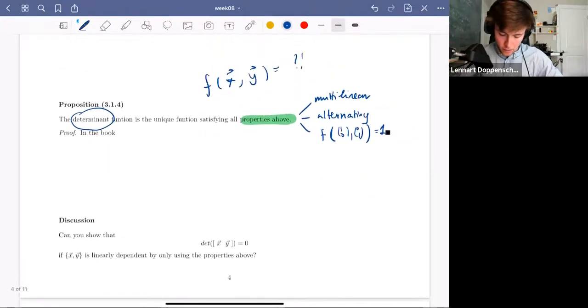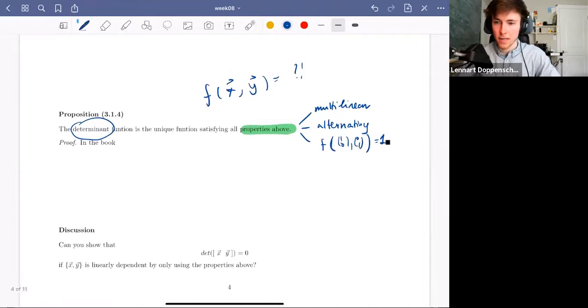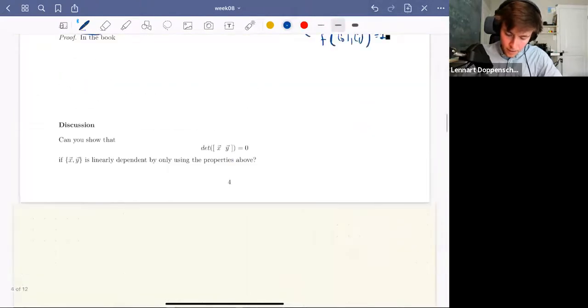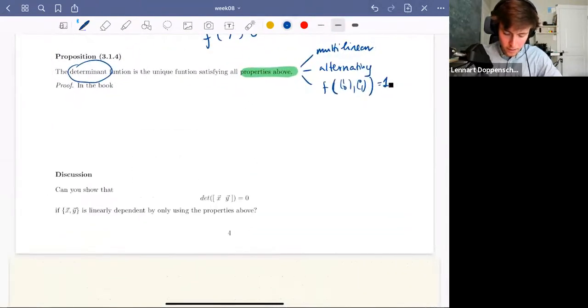Okay, so let's have a discussion, because there's a lot of theory, a lot of abstract math. Can you show that this property that we've shown above, that if 2 vectors are linearly dependent, the determinant has to be 0? And can you only use the properties above?